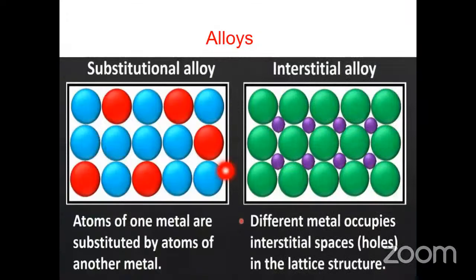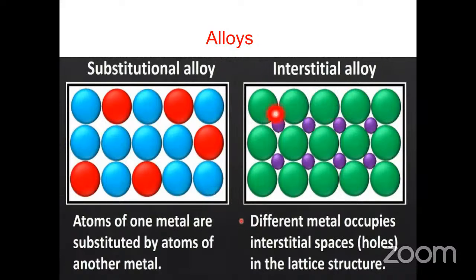The formation of alloys is of two types: substitutional alloys and interstitial alloys. In substitutional alloys, atoms of one metal are substituted by atoms of another metal. But in interstitial alloys, the different metals occupy interstitial space.